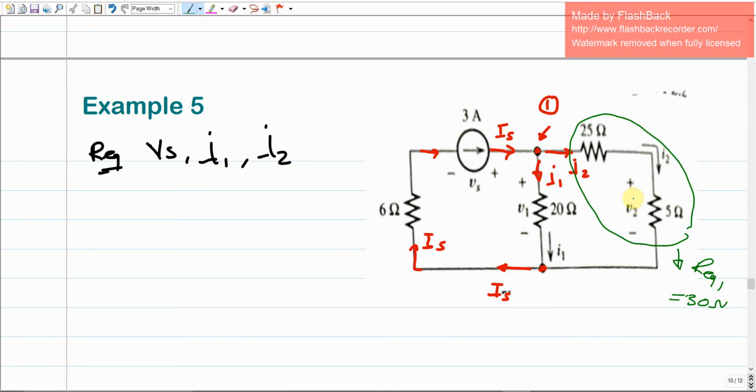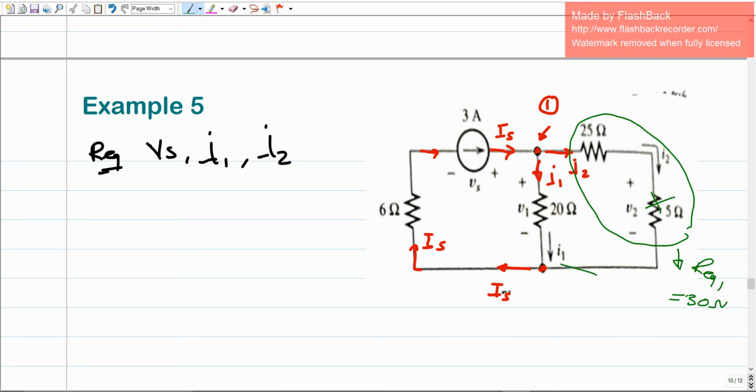Then if we cancel one and consider just one, this 30 will be parallel to the 20 ohms, to this resistance. Why? The current Is will be split or divided over them.